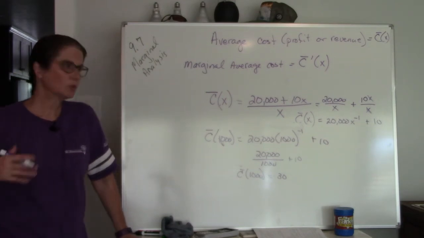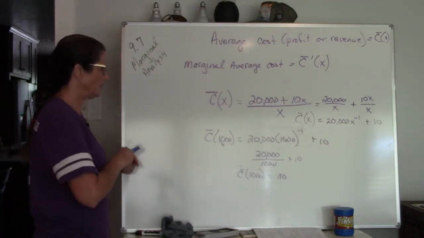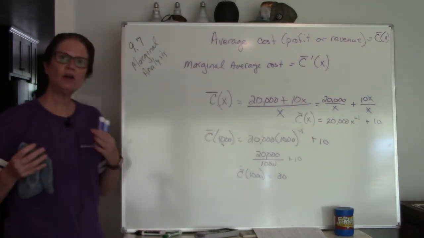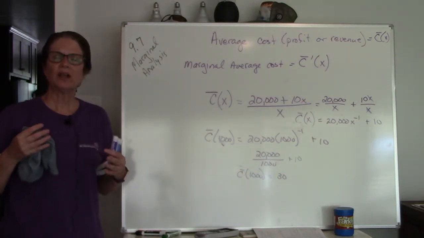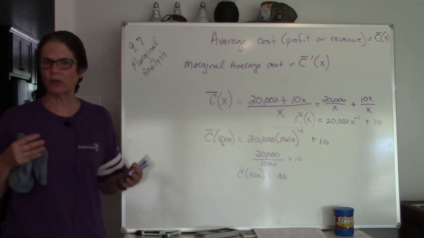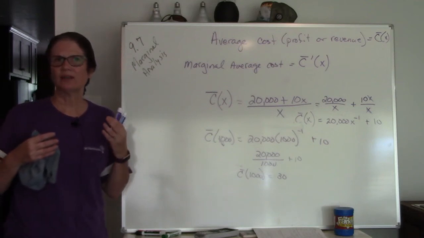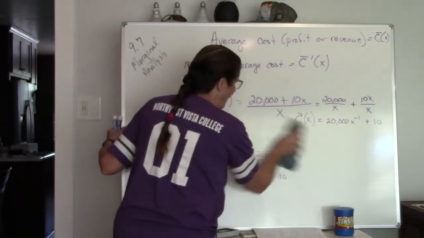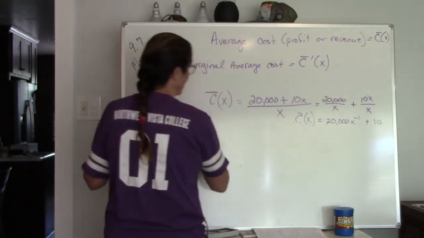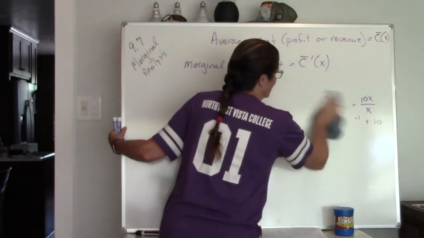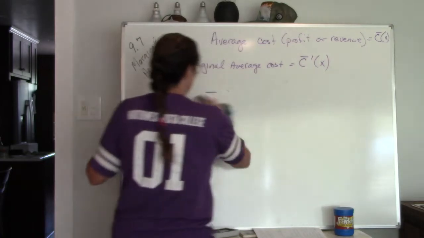Then what we're going to do is take this average cost function and find the marginal average. In other words, how much is my cost changing from one unit to the next, like from the 900th to the 1,000th? We can find how much our cost is changing. So here's our cost function. Let me rewrite all these.